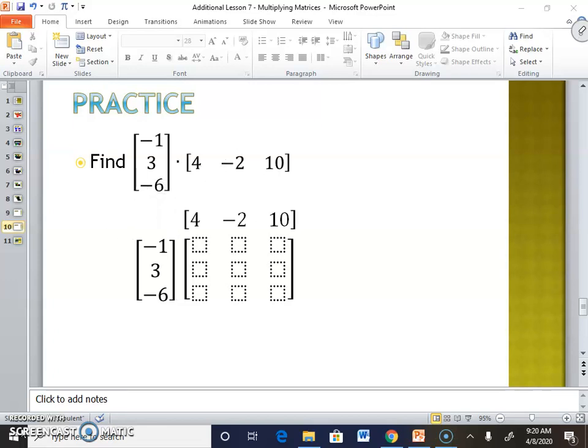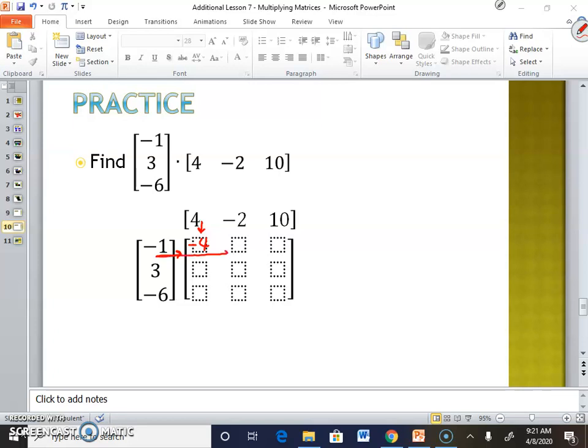Okay, so you guys can see for this one, we had a 3 by 1 and a 1 by 3, so our product matrix, the numbers on the outside, would be a 3 by 3. For problems like this, the alternate method is way easier because there's no work you need to show anyway. Okay, what goes in this first square here? Well, it's just those two numbers. So what's 4 times negative 1? 4 times negative 1 is negative 4.